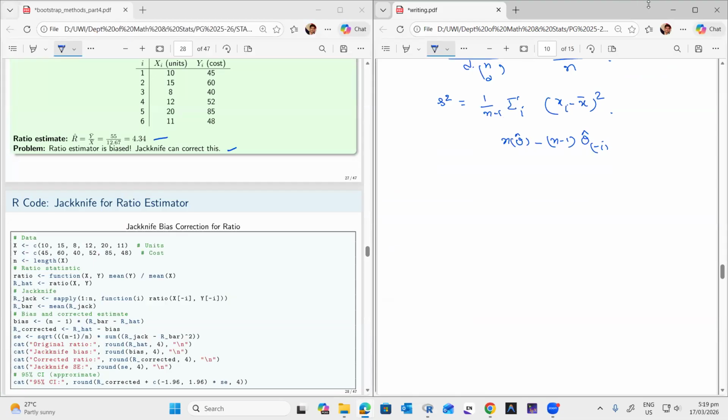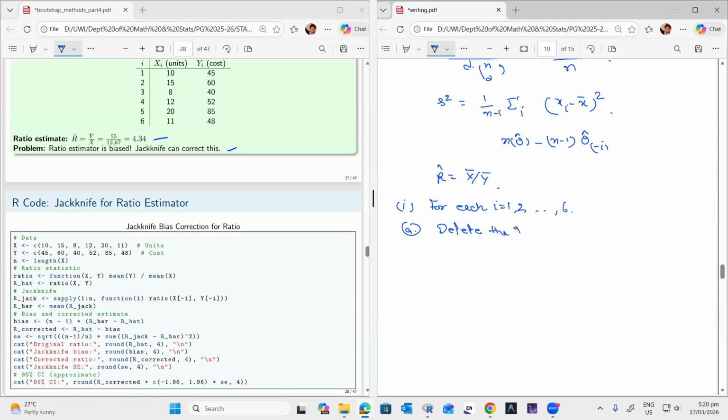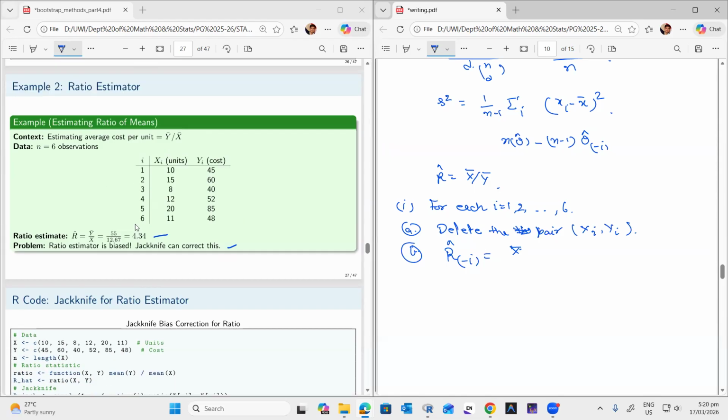So the jackknife for the ratio estimator works like this: we have the ratio r cap, and for each of these 6 observations, for i equals 1 to 6, first we delete the pair xi, yi, meaning we delete the ith pair, and then we compute r cap minus i, that is, after removing the ith pair we calculate y bar divided by x bar.